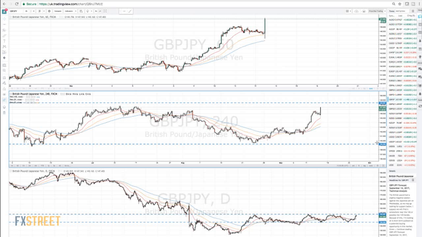So 148.38, let's give it a couple of pips. I'm going to say 148.50, I become a buyer of pound yen. Give me one second. Wonderful. I will become a buyer of pound yen above that level.